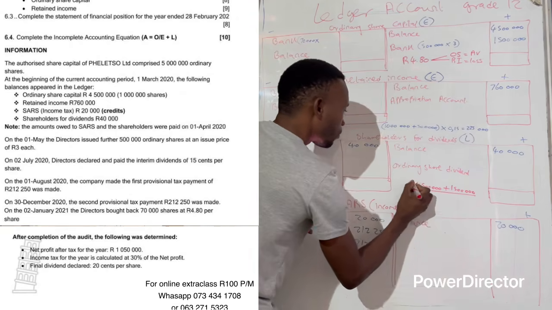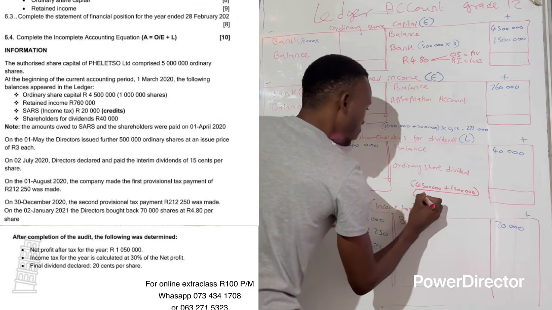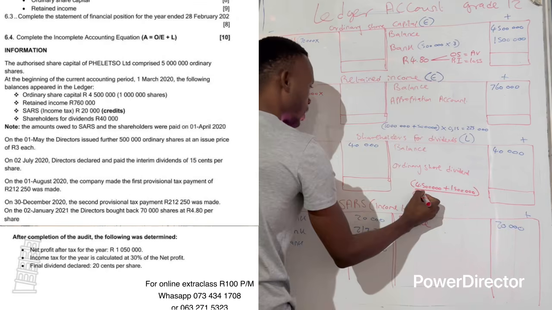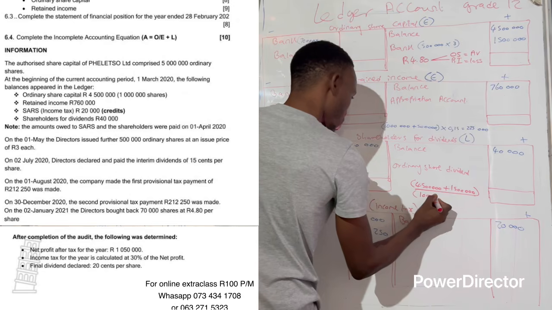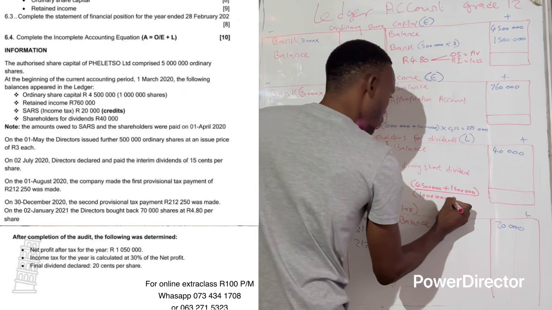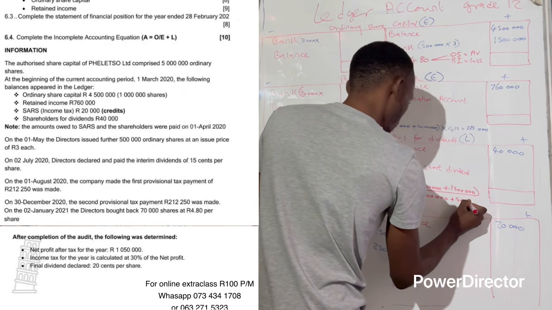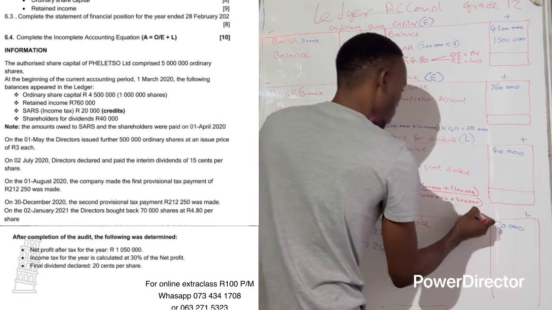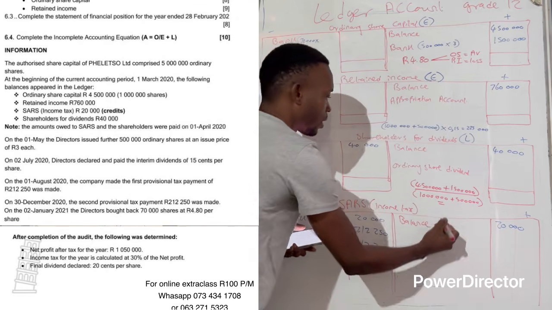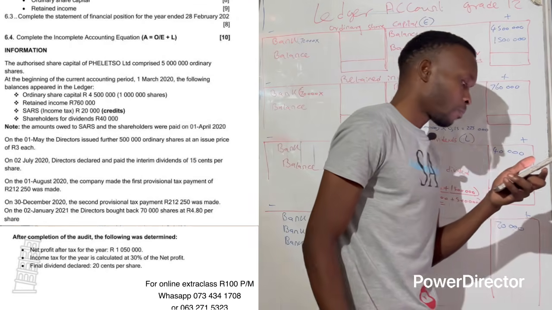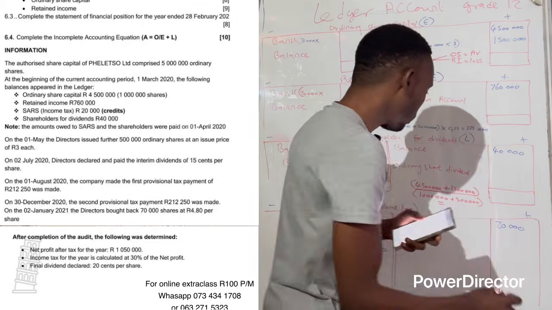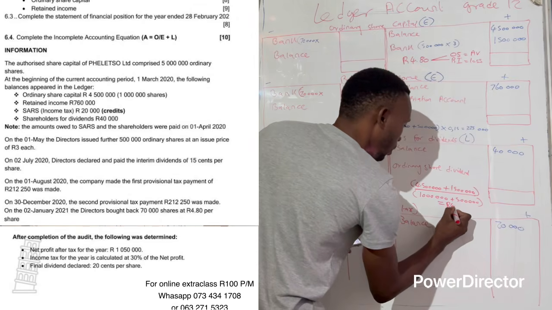On the bottom, you are going to put the shares. Shares at the beginning was 1 million and issued during the year was 500,000. Then you're going to get your average. Okay, average is going to be 4 rand.